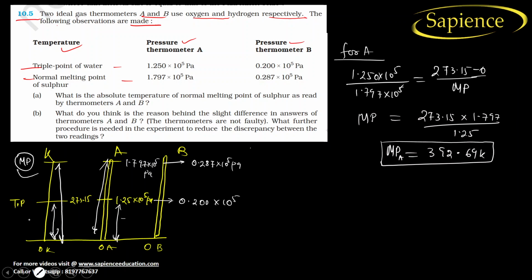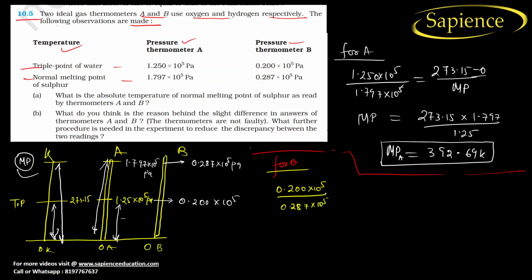Now there is another case for B. When we compare from B, we get 0.200 into 10 to the power 5 divided by 0.287 into 10 to the power 5 minus 0. Both have a minus 0, so no need to subtract every time.